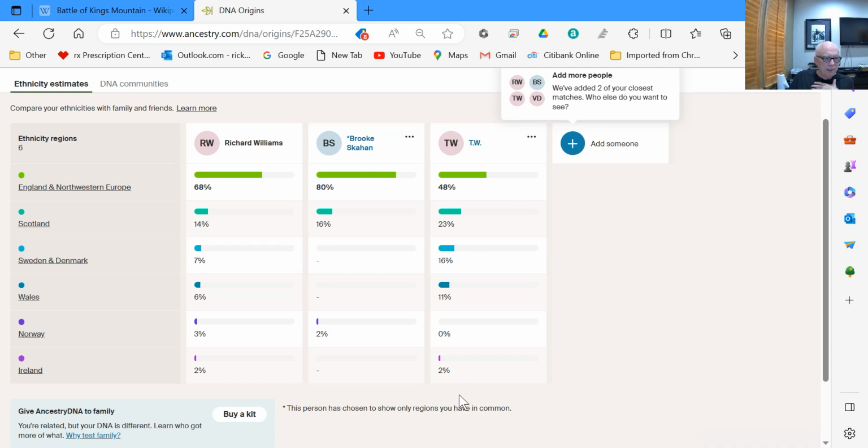We just happen to collect the same bits and pieces sometimes, and sometimes we don't. For example, my brother didn't get any of the Norwegian segments that identifies that in me, and my daughter inherited those, and she could have inherited this 2% either from me or from her mother.